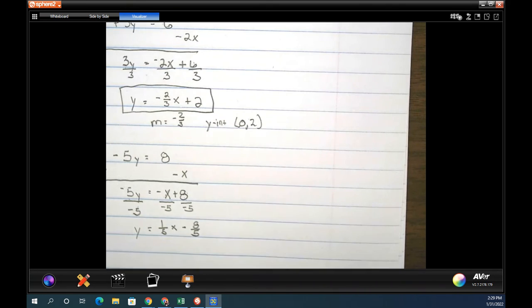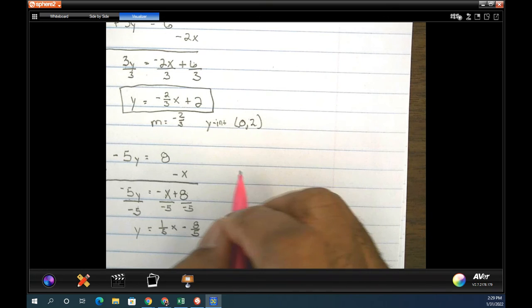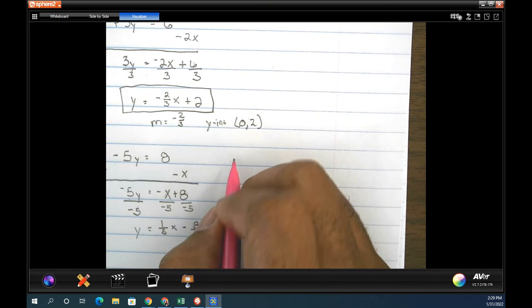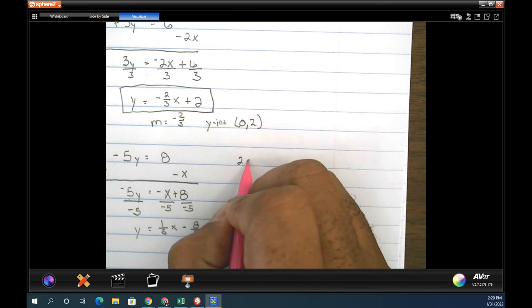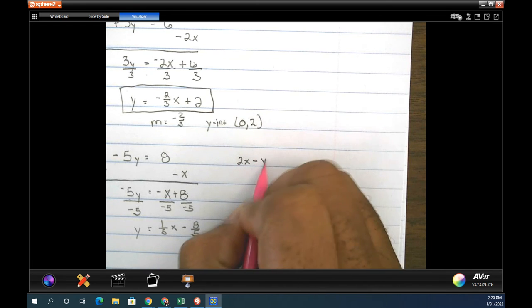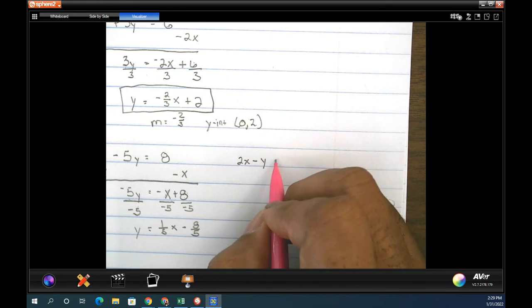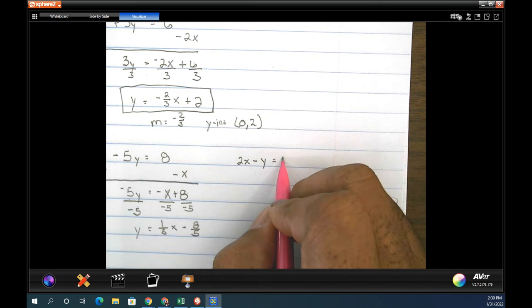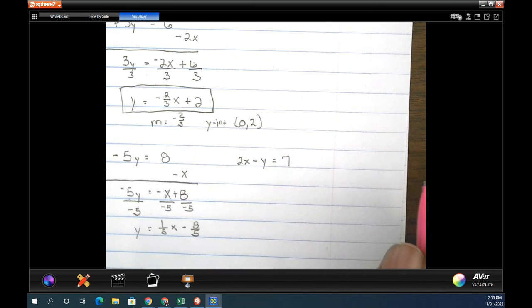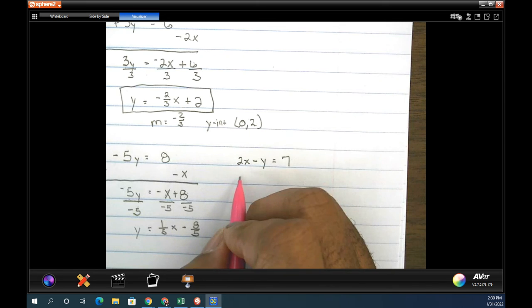There you go. Let's do one more. I'm moving over here. Let's say we have this one. 2x minus y is equal to 7. What's the first thing we're going to do, Ron? How do we move it?